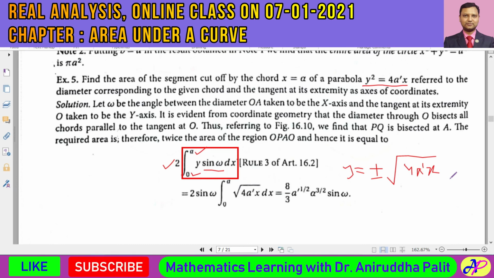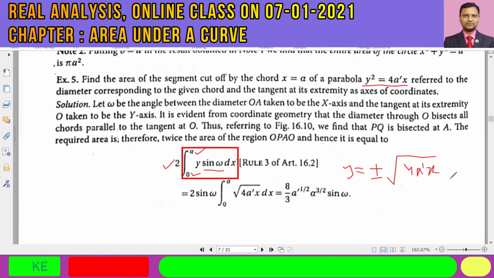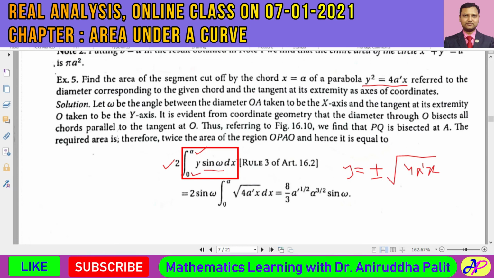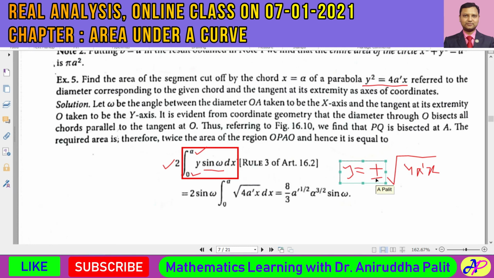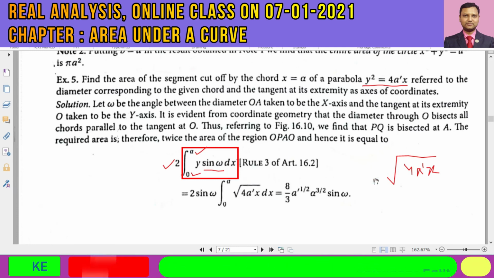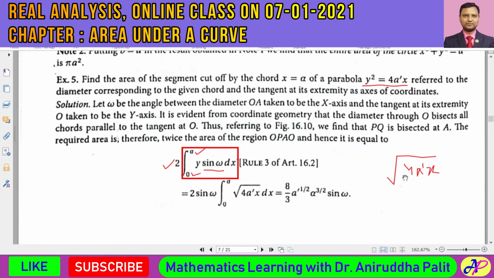But over here, because we are considering the upper part only, we are not considering this negative sign. Rather, we shall consider only the positive sign. So y will have the value root over of 4ax.